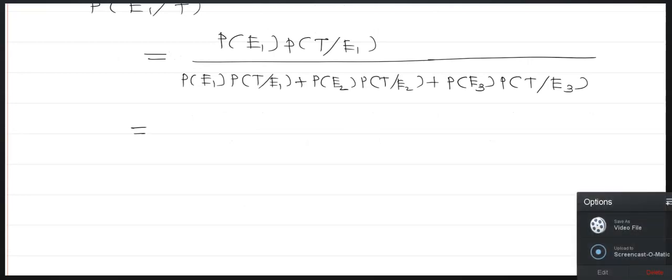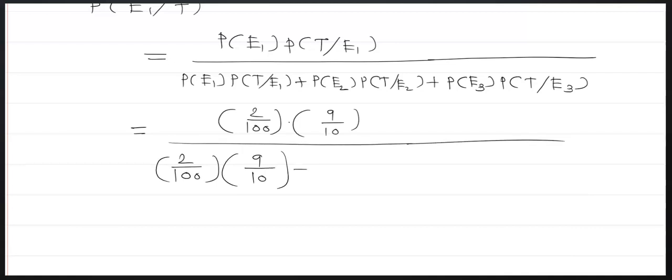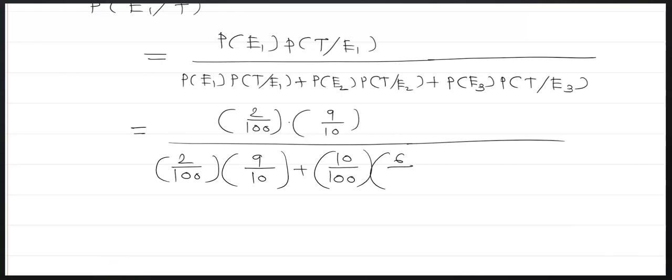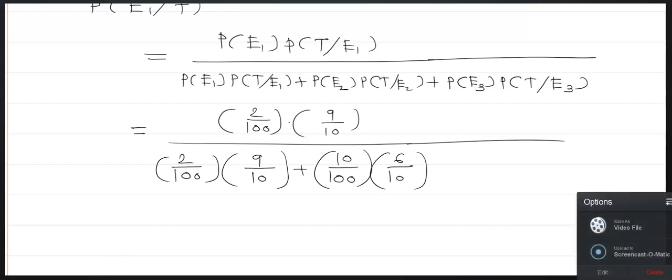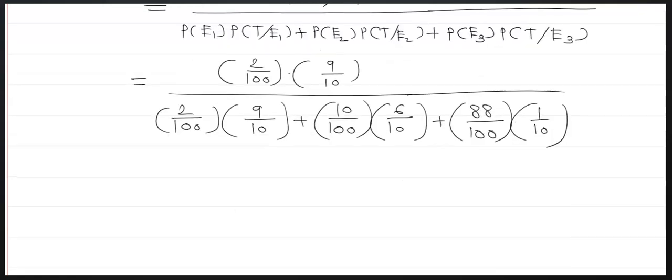You can substitute the values: 2 upon 100 into 9 upon 10, upon 2 upon 100 into 9 upon 10 plus 10 upon 100 into 6 upon 10, plus 88 upon 100 into 1 upon 10, and perform the calculations.